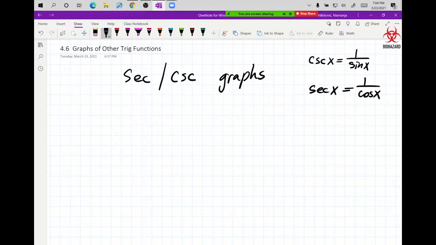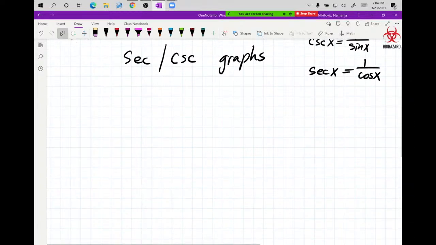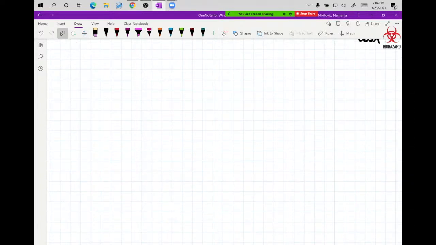If you're supposed to graph secant or cosecant, just graph sines and cosines and then flip them inside out. Which is why teaching secant and cosecant should take about 5 minutes. Now let's do a couple of examples, but still, it should be really quick.